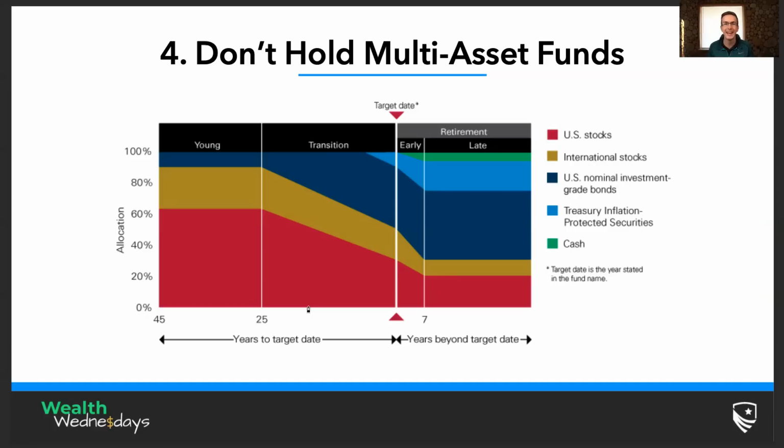Well, if you're holding a multi-asset fund, it's very easy to, let me step back a second. If you're holding separate funds, let's say a stock mutual fund and a bond mutual fund, so you're breaking some of those taxable account rules, it's typically very easy to trade out of that bond fund with little to no taxable event.